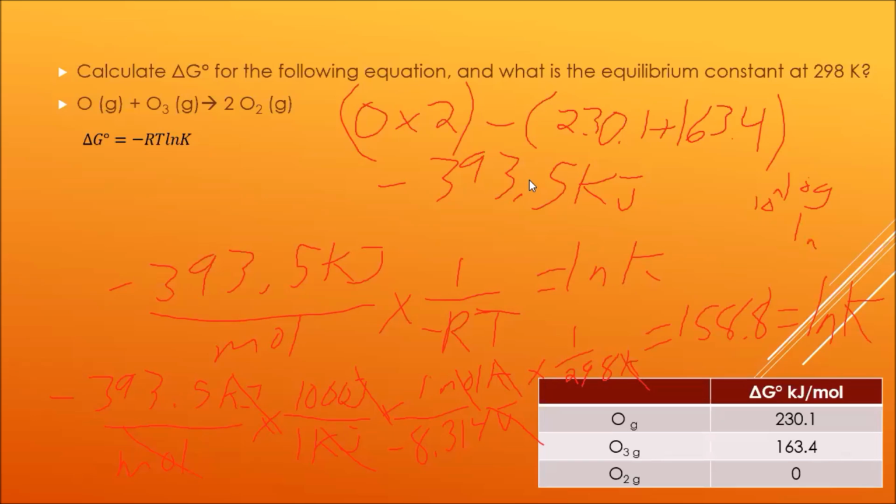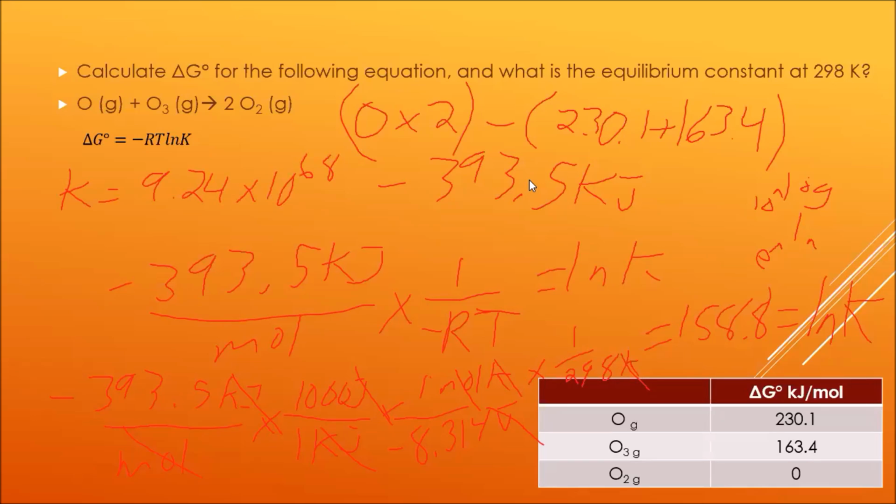With the natural log, the inverse is e to the power. So we're going to take e to the power of 158.8. And you get a number that almost blows your calculator out of the water. You get K is equal to 9.2425 times 10 to the 68th power.